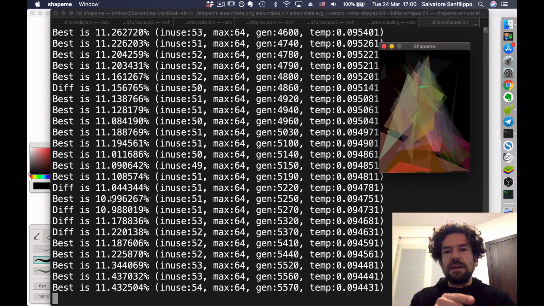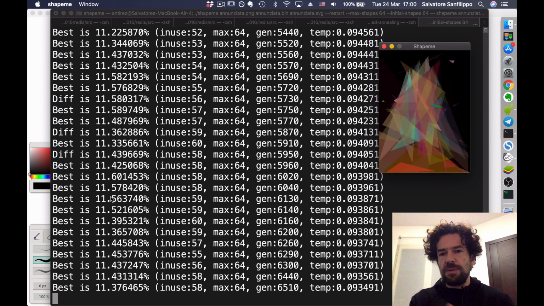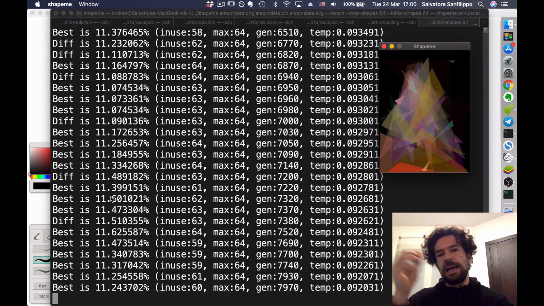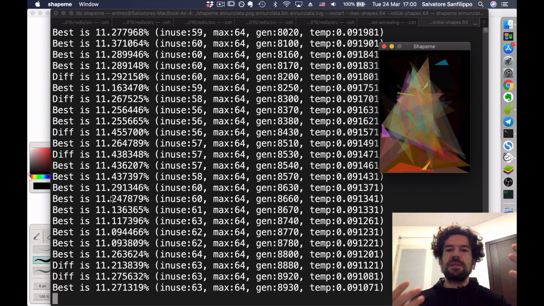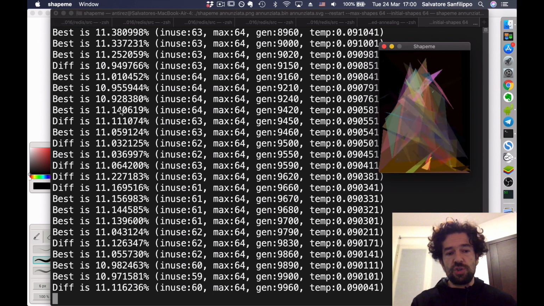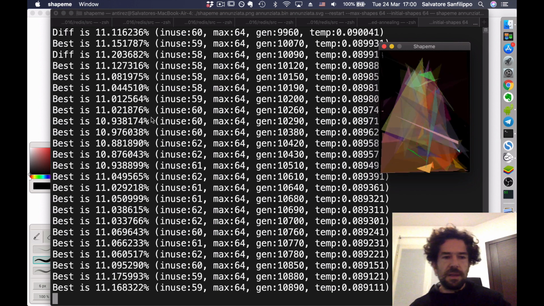Basically, every pixel is considered as a point in the RGB space, and it performs the difference between this pixel and the other pixel that I have in the other image, and the sum of all the differences is our loss function. The average of the difference of all the pixels is our loss function.